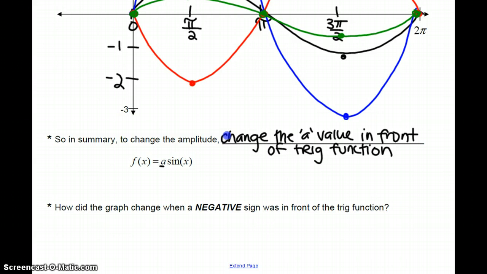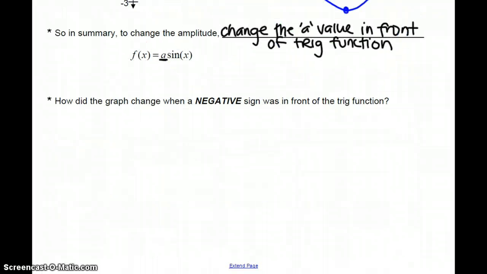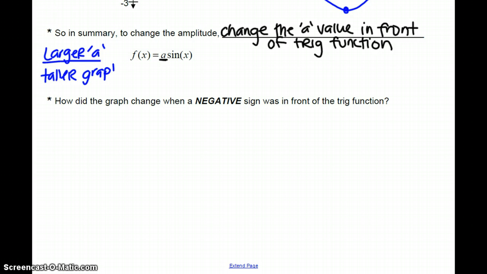So here's that a value, f of x equals a sine of x. Throw in a different number there, your graph's going to look slightly different. The larger the a value you plug in, the larger your amplitude is. So a larger a value will give me a taller graph.